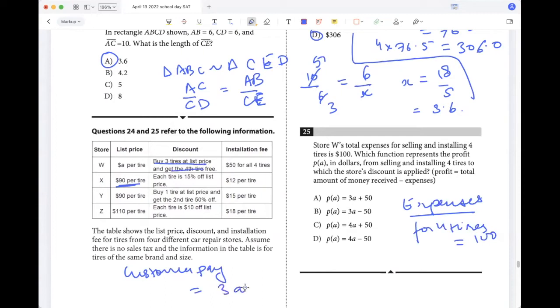So 3A, and you're using $50, right? So this is what the customer has paid and the expenses are 100. So the profit would be what the customer paid minus expenses. So 3A plus 50 minus 100. So 3A minus 50, right? Option B.